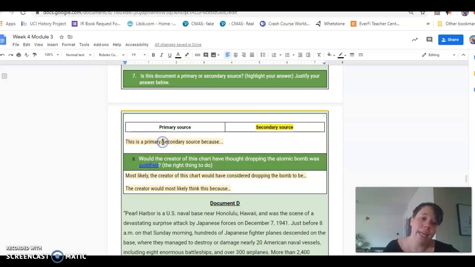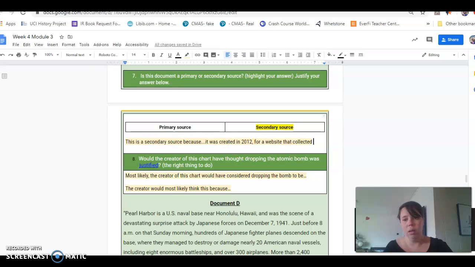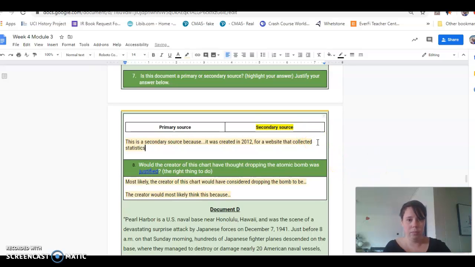So this is a secondary source because it was created in 2012 for a website that collected statistics about the number of deaths in World War II.